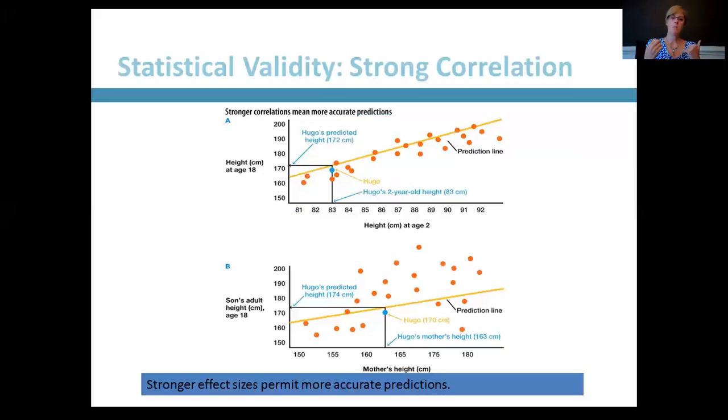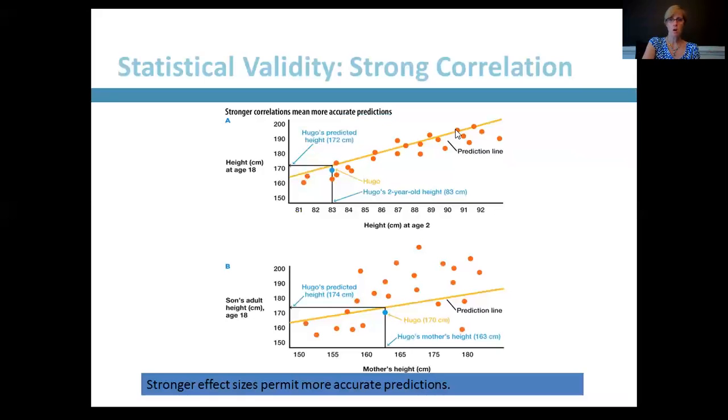And R is what we're also going to call an effect size. We haven't talked about effect size yet, but it basically tells you how big an impact this is, how strong a relationship this is. And again, if it's a perfect 100% correlation, a 1-to-1 correlation, all of these would be right on the line. Now they're not, but they're very close.